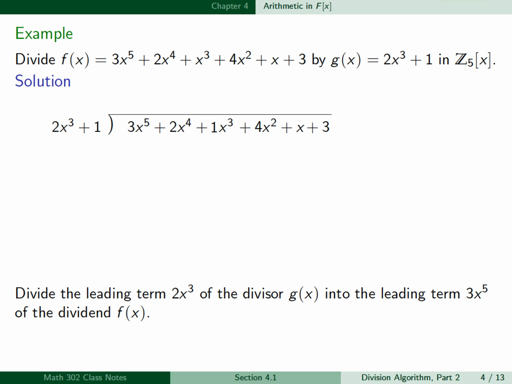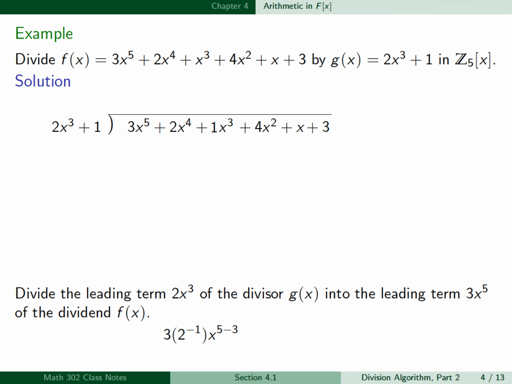Okay, now when I say divide, what we're really going to be doing is taking the coefficient of the dividend, 3, and multiplying it times the multiplicative inverse of 2, the coefficient of the divisor, and then we're going to subtract the powers of x. So we're going to end up with 3 times 2 to the negative 1, x to the 5 minus 3.